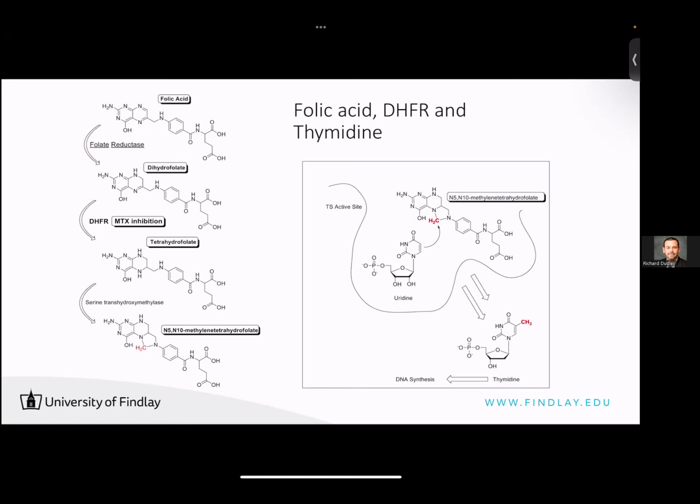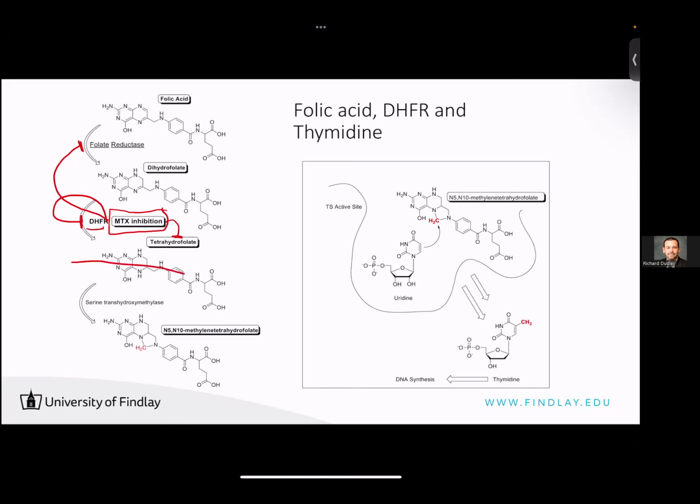But this time we're going to add on methotrexate. Here's methotrexate. Methotrexate has the ability to prevent these reduction reactions. And when methotrexate is present in a cell, methotrexate will bind to dihydrofolate reductase, and it will suppress the formation of tetrahydrofolate.